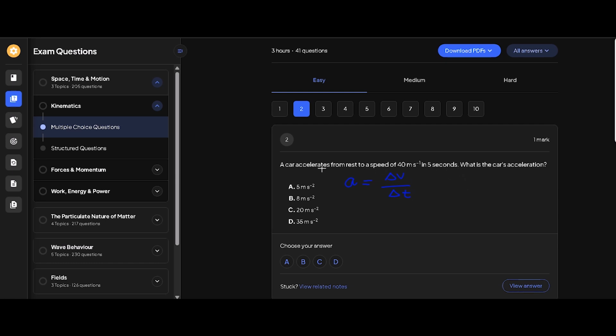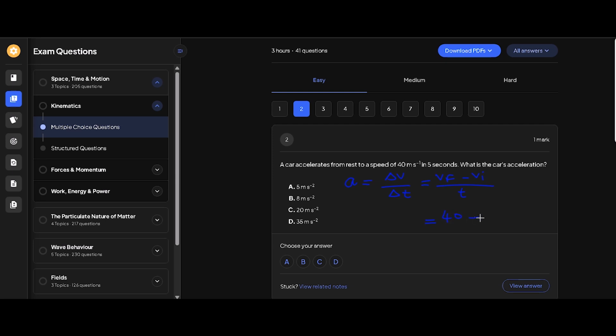And here he is saying that a car accelerated from rest to a speed of 40 meter per second. So we can see here V final minus V initial divided by T final minus T initial is going to be the same since our T initial is 0. So we can say divided by T directly. So let's see, our V final is 40.